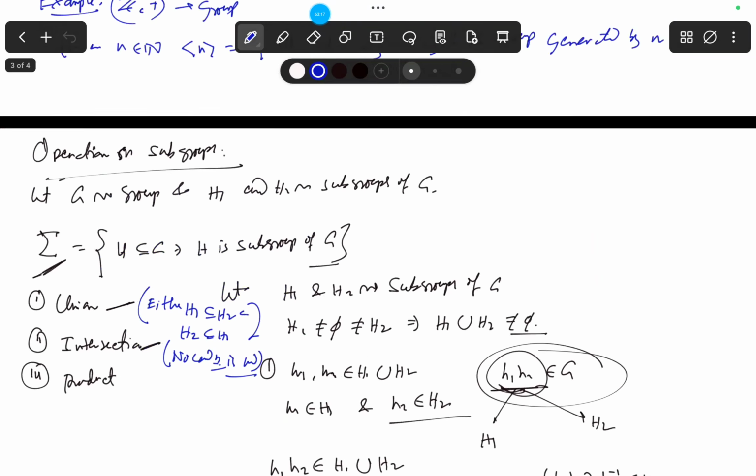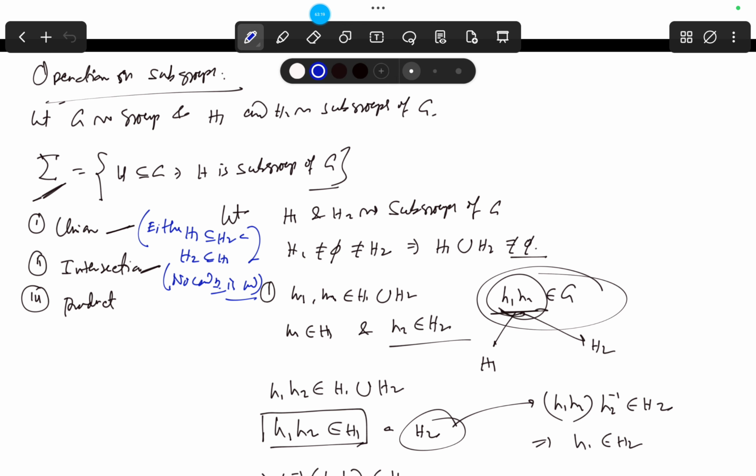So just to fill the blank, the product H1 H2 should be same as H2 times H1 if and only if both are subgroups. Okay, so if product of any two subgroups is a subgroup, that means it will commute as a set, and it should be a subgroup even if we change the order or the position of H1 and H2.